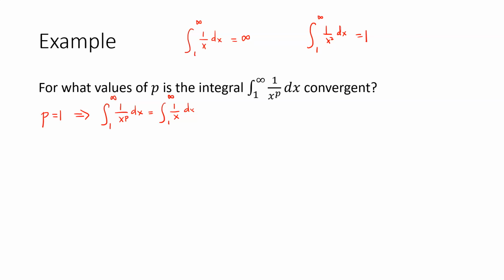We showed that this is really just equal to the limit as t goes to infinity of the integral of 1 over x, which was ln of x, evaluated at t. So it was infinity. Okay, so it's divergent when p is equal to 1.